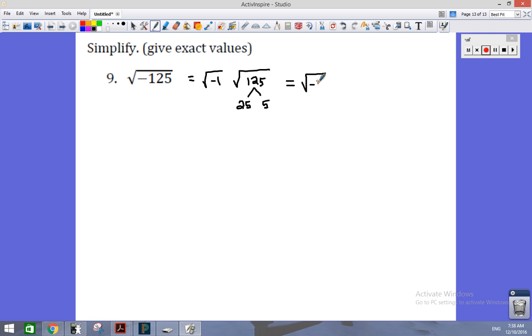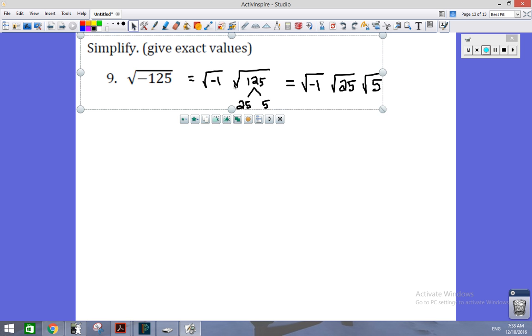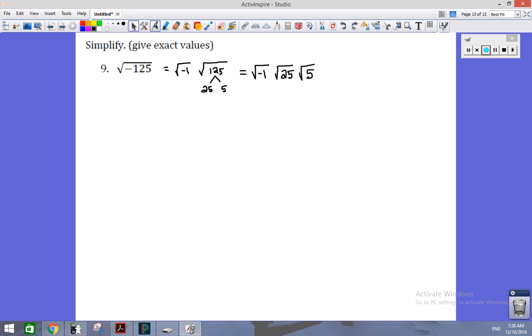So we've got the square root of negative 1 times the square root of 25 times the square root of 5, because we can break up that multiplication underneath that single radical as the product of these radicals. That's going to give me an i times 5 times the square root of 5, and I like to present my answer as 5i radical 5. That's just out of habit.